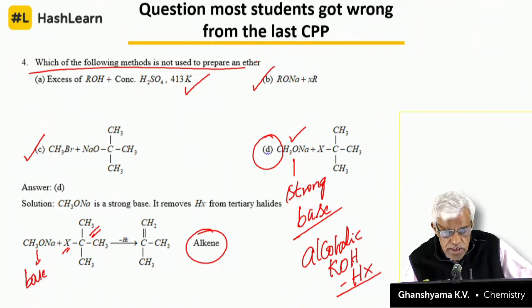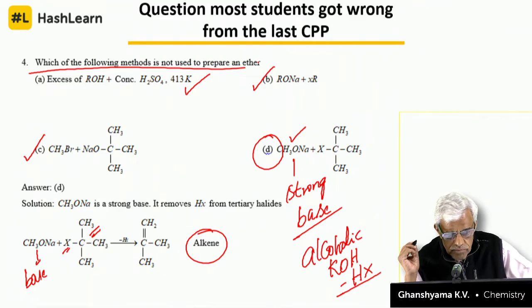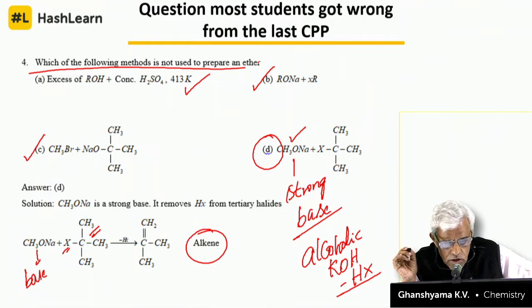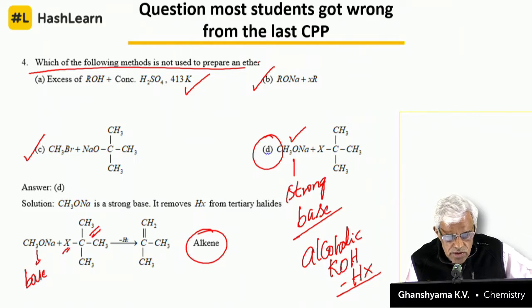The question is the increasing order of the ionic character, and the answer is AlCl3, GaCl3, BaCl3. It cannot be BaCl3, because if it is barium, it should be BaCl2.